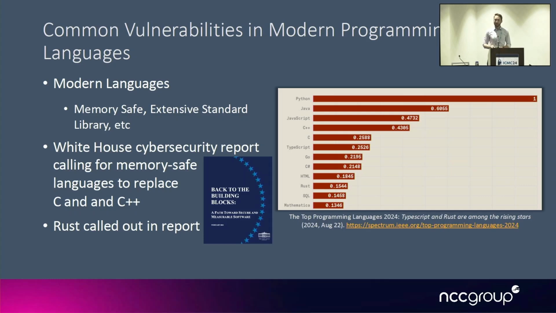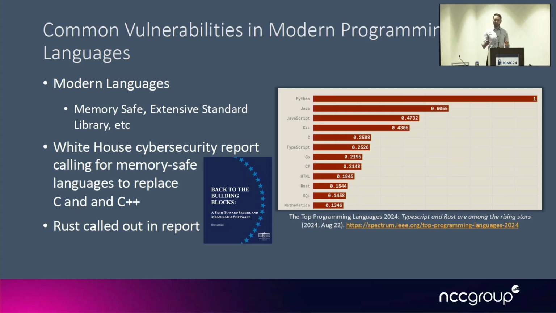On the right-hand side of the slide here, I found this interesting chart in an IEEE post from a couple of weeks ago, dated August 22nd, which highlights the top programming languages of 2024. This was a very general study about what programming languages were in use.